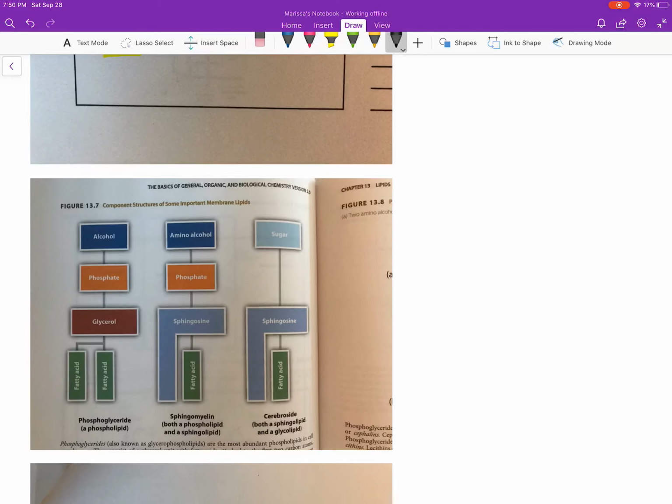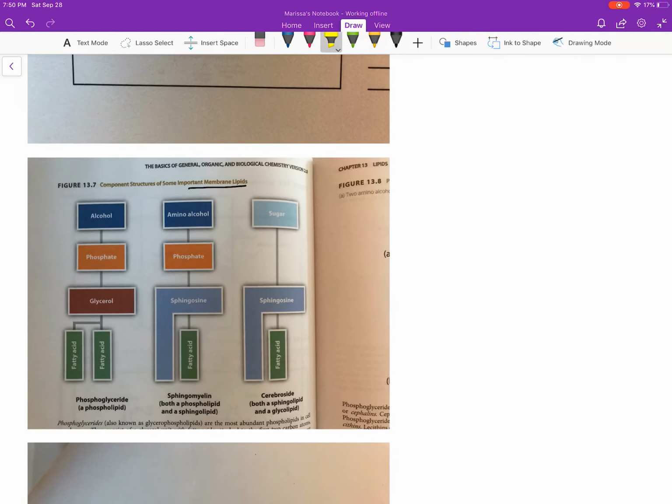All right, so these are some other types of structural differences that are important. These are the structural components of some important membrane lipids. So we have the phosphoglyceride, which is also called a phospholipid. Then we have the sphingomyelin, which is a phospholipid and a sphingolipid. And then we have the cerebroside, which is a sphingolipid and a glycolipid.